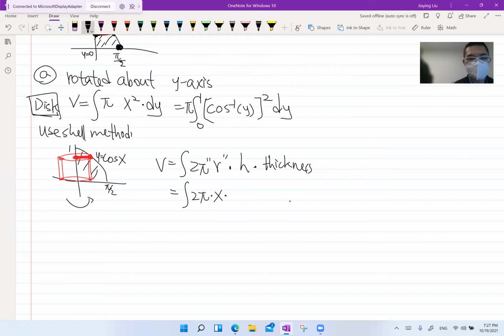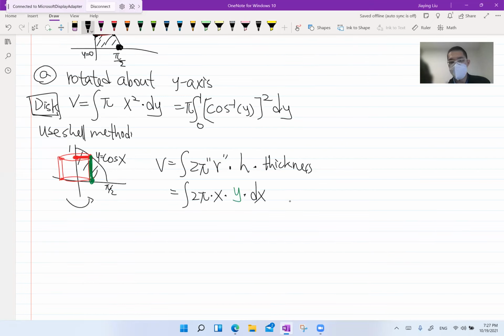Now, what about the height? The height is this part in green. You can think of it as from y equals 0 to some y value on the curve. I'm going to use y for now and replace it soon. That's the height. And what about the thickness? The wall of the shell is in the x direction, so I'm just going to call it dx. That gives me an integral that has x and y in it.